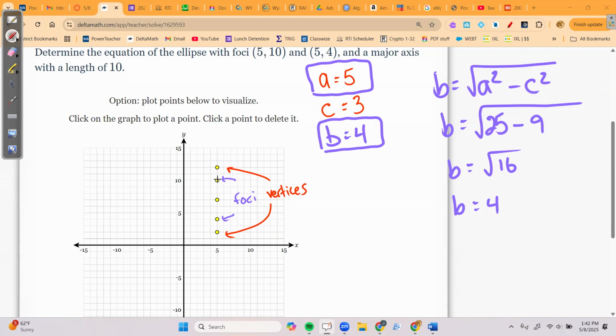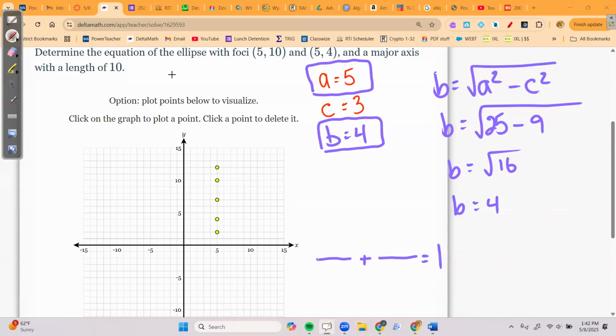So knowing that that's the major axis that goes up and down, then we know it's a vertical ellipse, which means that the stronger number is going to go underneath the y. So first, let's just build the structure of it. We have something over something plus something over something equals 1. It always equals 1.